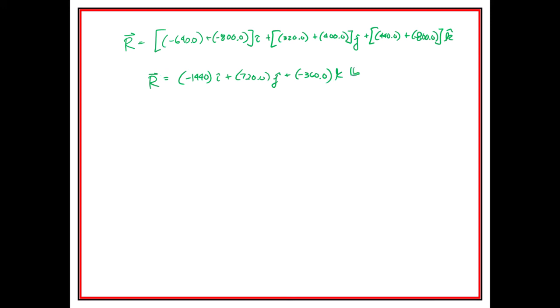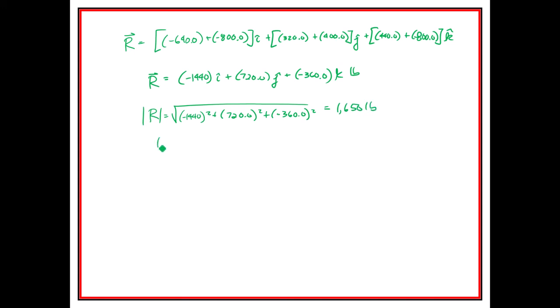It says determine it, but they wanted the magnitude and direction. So the magnitude, and I think we should say direction cosines, right? We take the square root of all of these components, and we'll end up with 1,650 pounds. So that's going to be one of our answers.